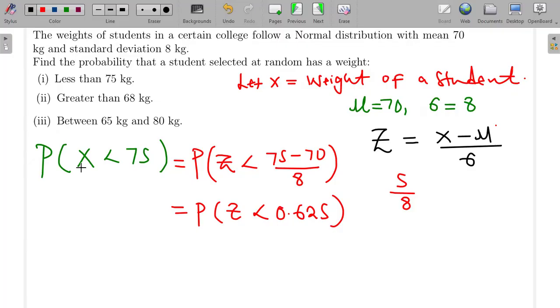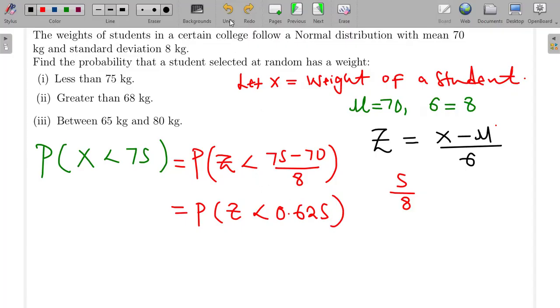So now here is another hint. When you go on the z distribution table, you will find numbers that are rounded off to 2 decimal places. So whatever number you have here, always round it off to 2 decimal places. Or if you want to use 3 decimal places, then you'd have to use interpolation, which is quite lengthy.